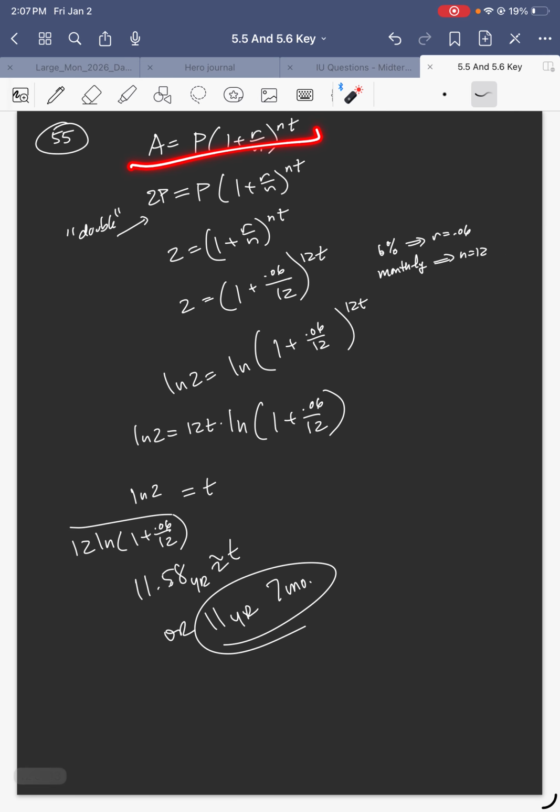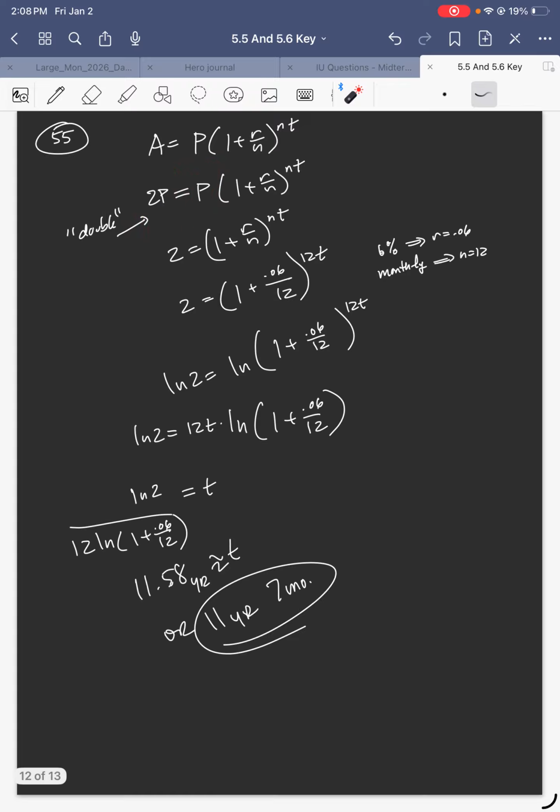If you have a 6% rate, that means r would be equal to 0.06, and it's monthly, that means this would be 12. And it means that we go for 12 months. It wants to know how many years would it take to double. So if I've got a principal, I get 2 times the principal, these are going to cancel out.